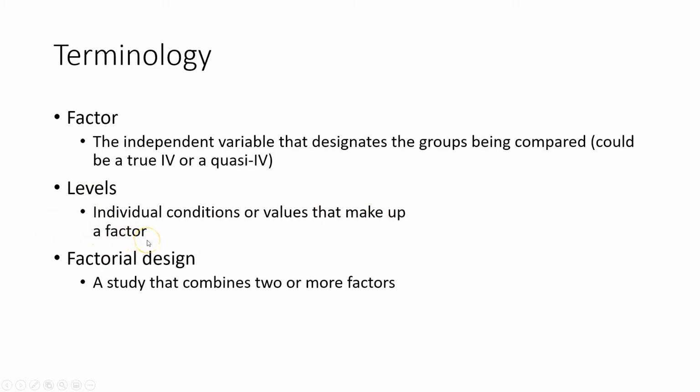So in the case of gender, like I just said, it could have at least 2 levels, male and female, but it might also have a third, non-binary, or you might have some other designations there. A factorial design is a study design that combines 2 or more factors. So if we add this "ial" at the end of the word, then that means we've used more than one factor, more than one independent variable.